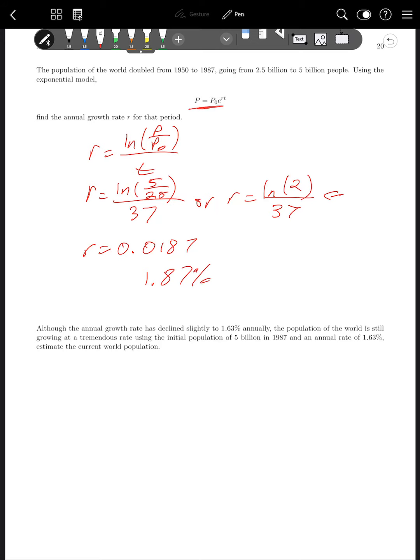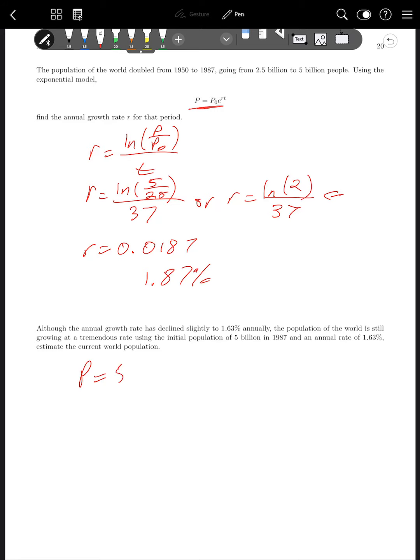Okay. The next part says, although the annual growth rate has declined slightly to 1.63% annually, the population of the world is still growing at a tremendous rate. Using the initial population of 5 billion in 1987 and an annual rate of 1.63%, estimate the world population. Now, this one's not even actually asking us to use logarithms, because in this case P is our answer.